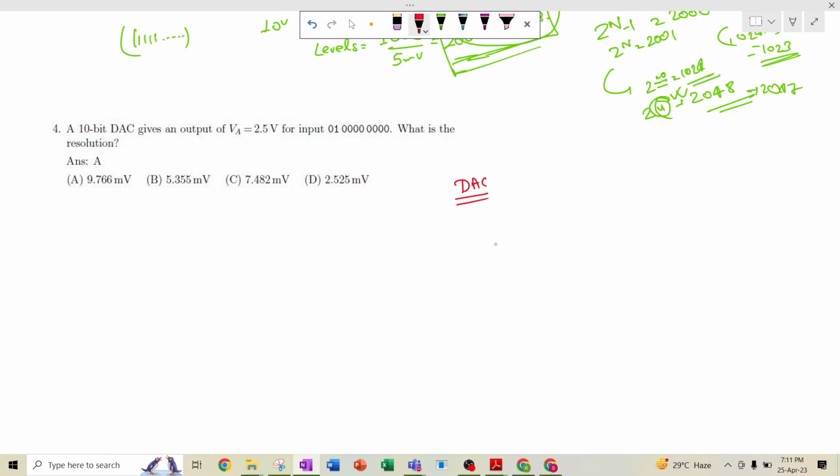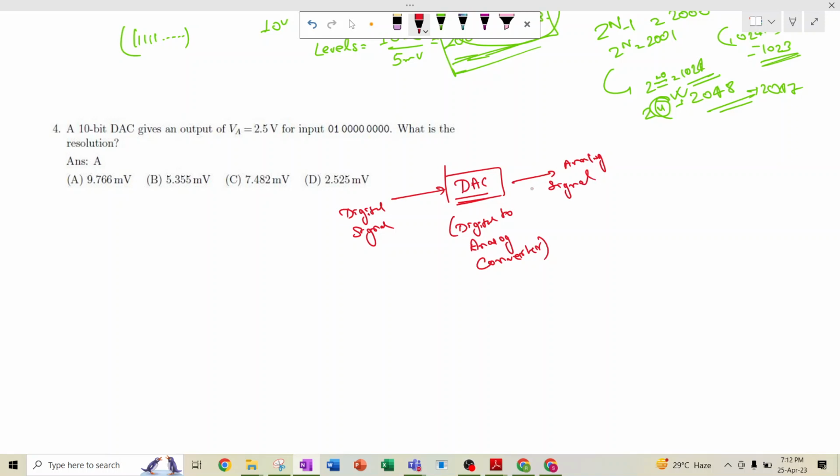DAC is a digital to analog converter. Here we have a digital signal as input, and here we have an analog signal at the output. Okay, understood?